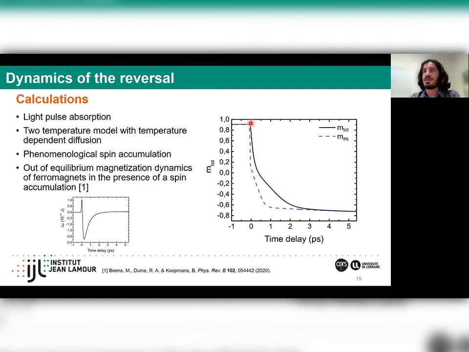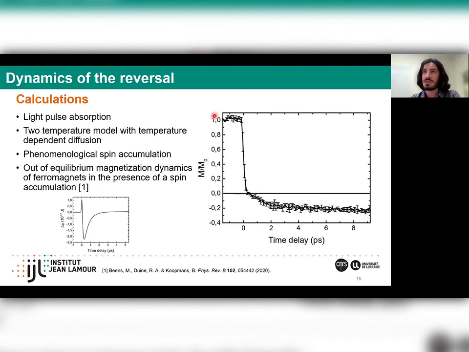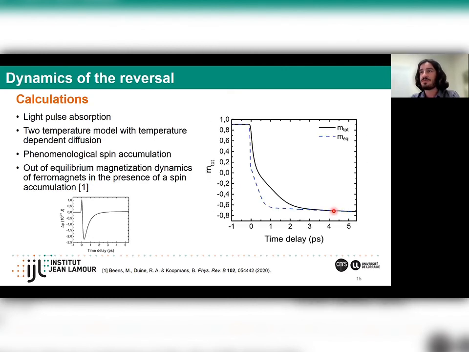In black is the magnetization of the ferromagnet as a function of time. And so I retrieve first the ultra-fast demagnetization, reversal, and almost linear recovery. And then after a while, I see that the magnetization is also barely evolving, just as in the experiments.